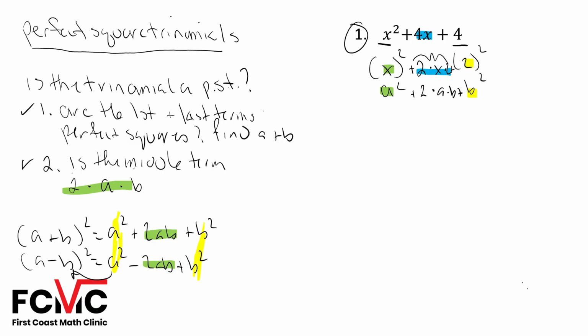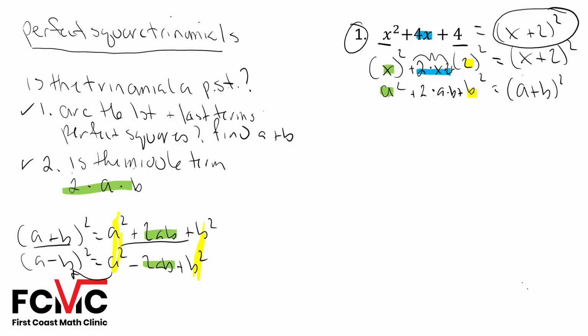This is a perfect square trinomial. We know our value for a is x. Our value for b is 2. We know that a squared plus 2ab plus b squared from right here is equal to (a + b) squared. So this has to be equal to (a + b) squared. A is x plus b is 2. So the original binomial squared was (x + 2) squared, and that is going to be our answer for number 1.